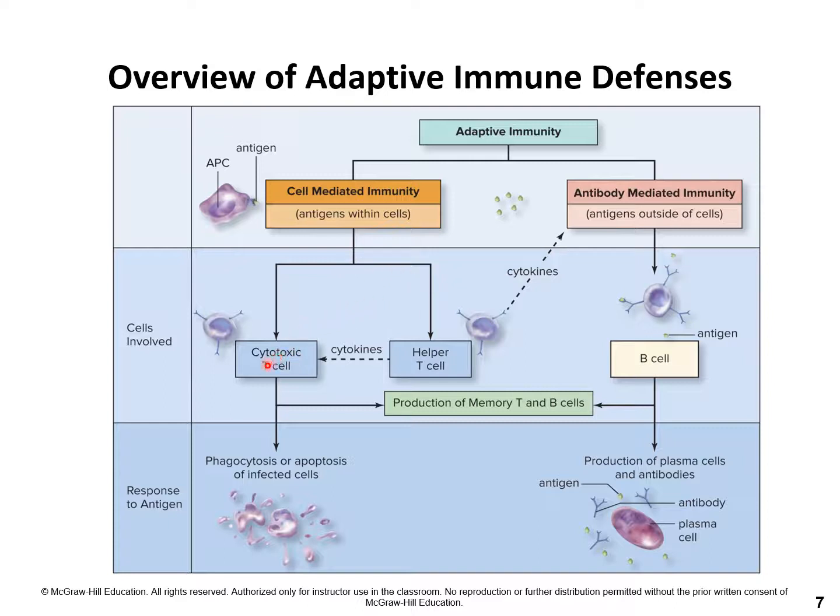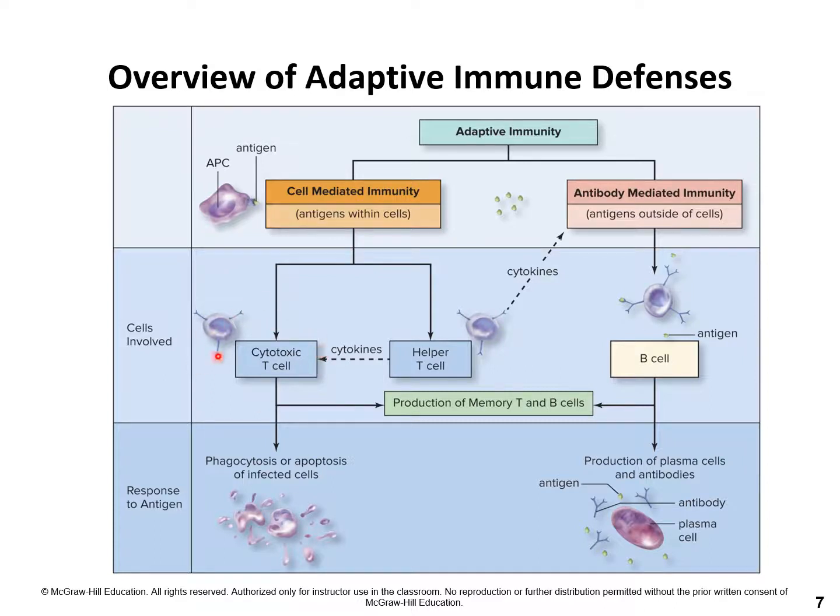There is a type of cell called a cytotoxic T cell that is really involved in phagocytizing or puncturing infected cells. So in response to cells that are infected with viruses, these cytotoxic T cells will destroy those infected cells.